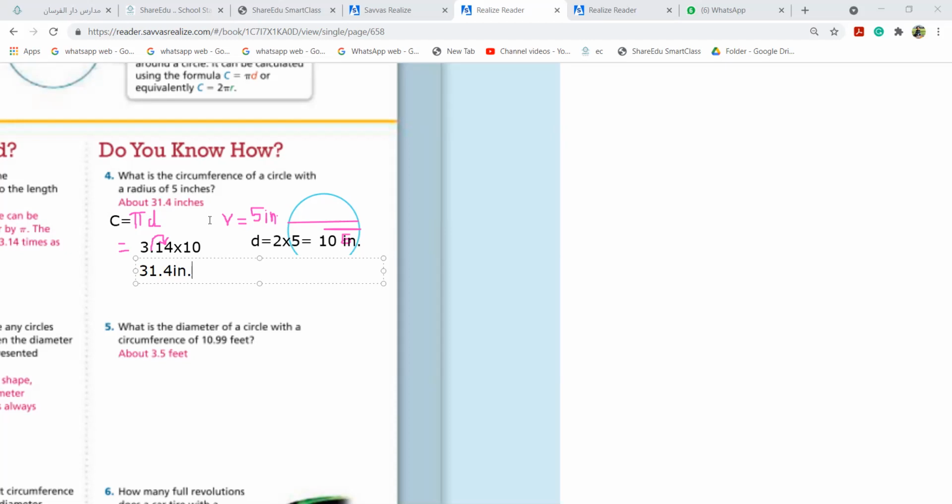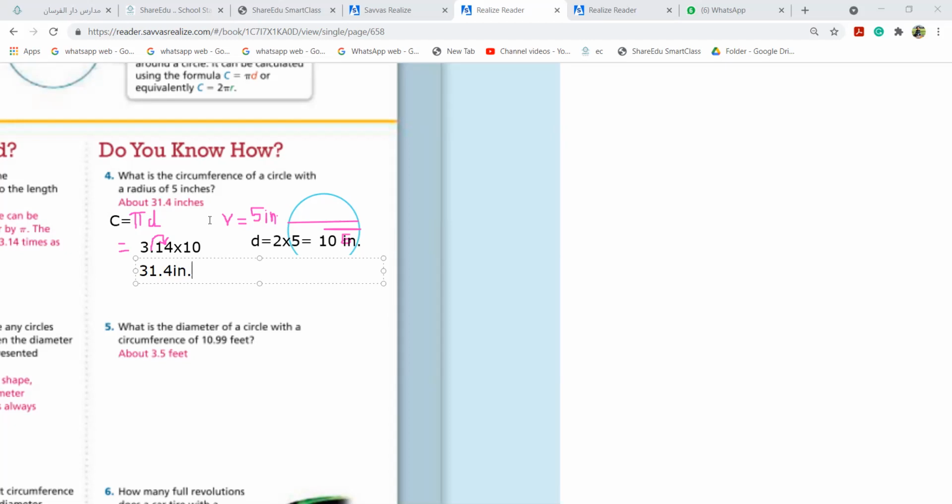Why not square? Because we are not multiplying diameter 2 times. Done? Any question you have, girls?